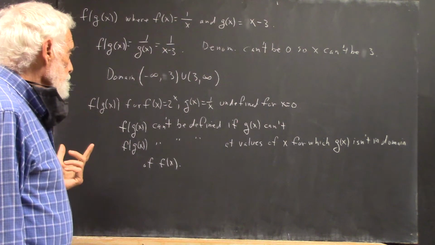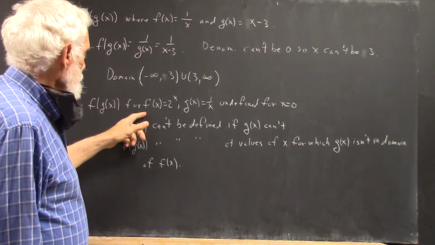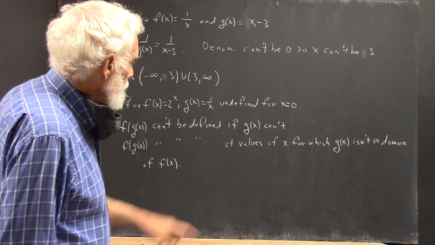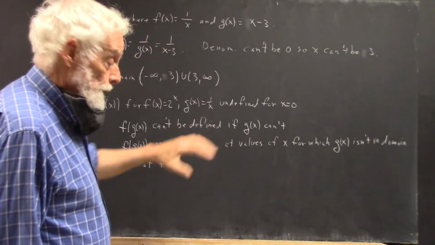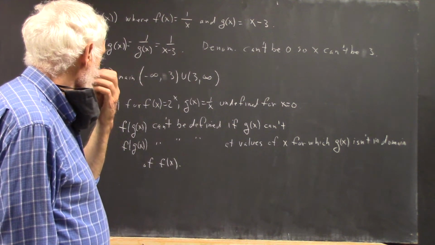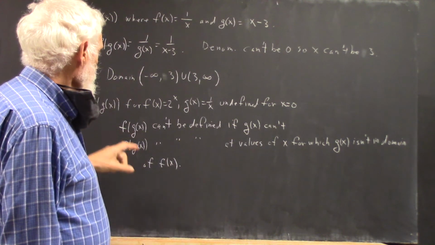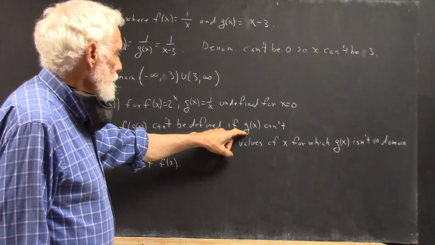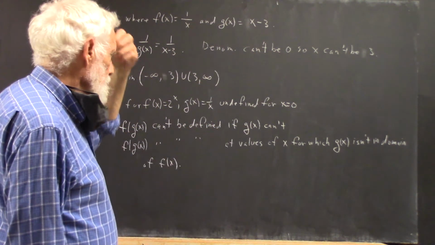Okay, f of g of x then, for f of x equals 2 to the x, g of x equals 1 over x, is undefined for x equals 0, as we saw previously. And we say that f of g of x can't be defined if g of x can't be defined.